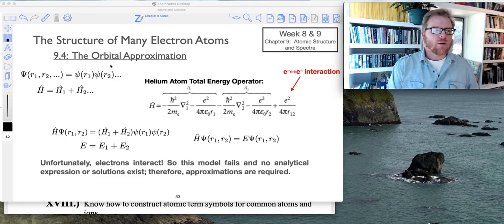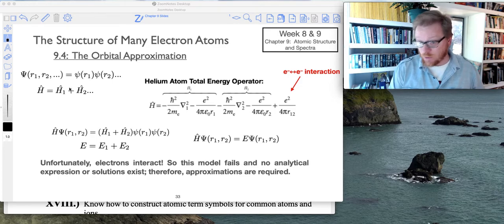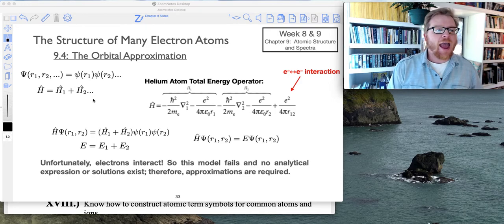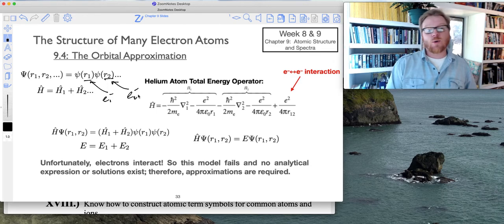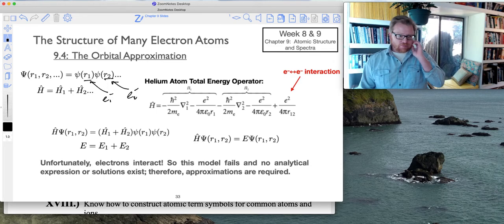So we start by putting the fact together that we now have 2 electrons that we're dealing with. The 1 and the 2 right here correspond to each of those electrons. So we would have electron number 1 that's got some radial dependence, and electron number 2 that also has some radial dependence.